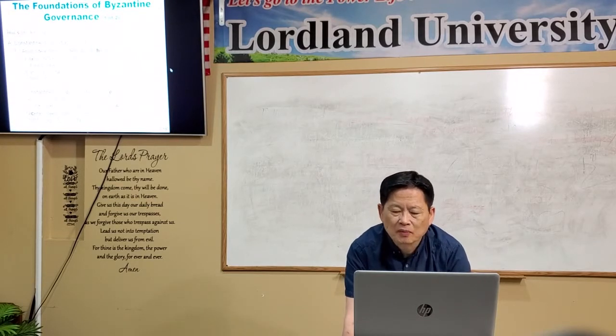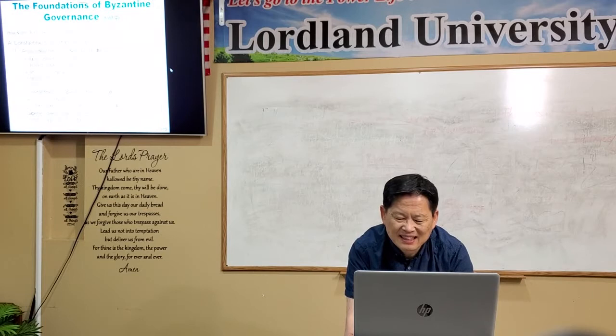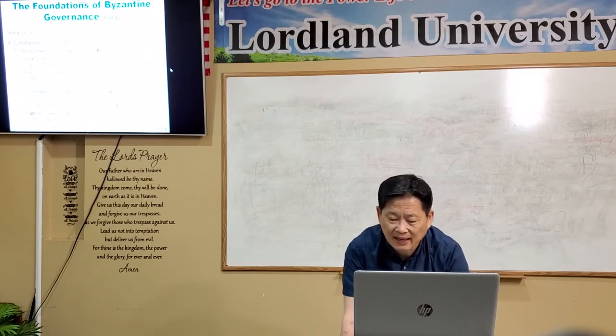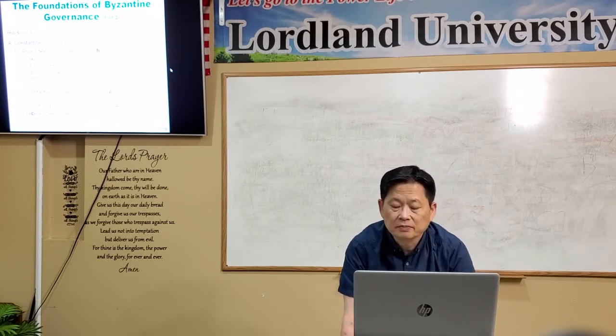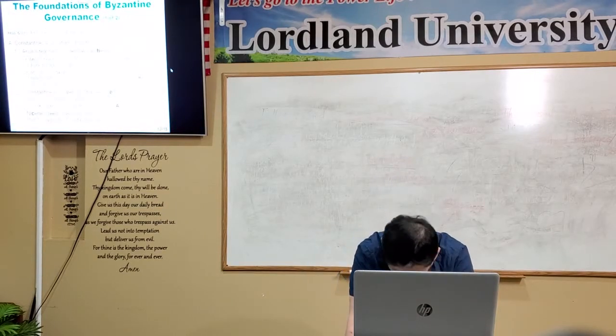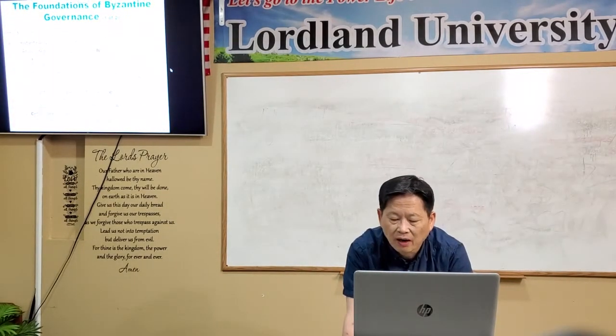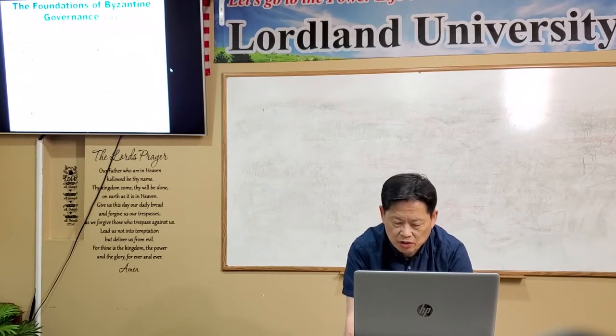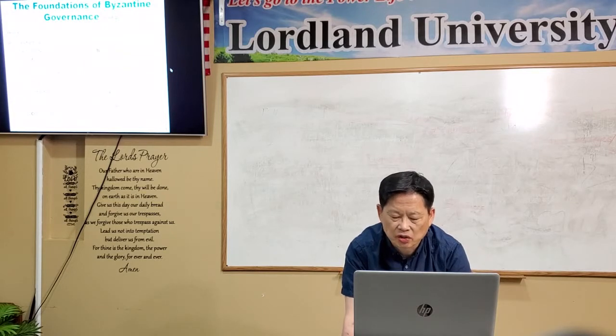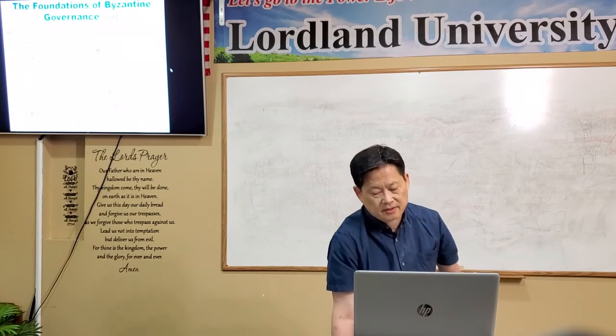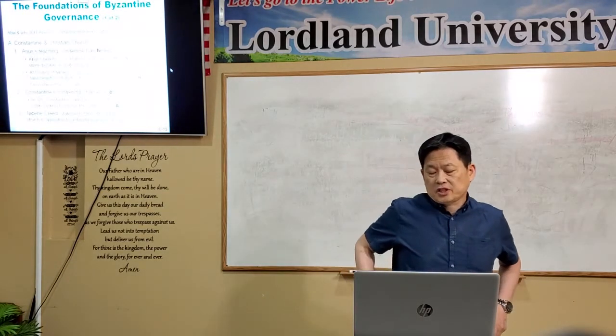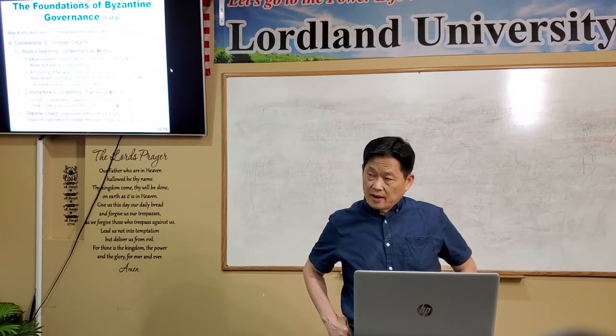At the Council of Nicaea, the Nicene Creed was adopted. The Nicene Creed provided the statement of orthodox faith of the early Christian church in opposition to certain heresies, especially Arianism.